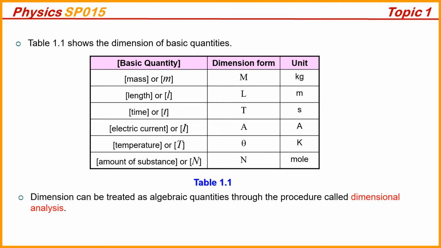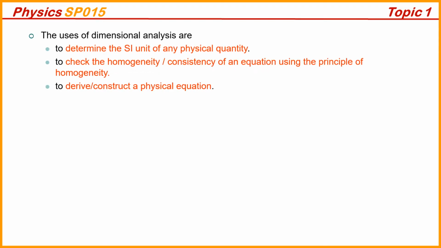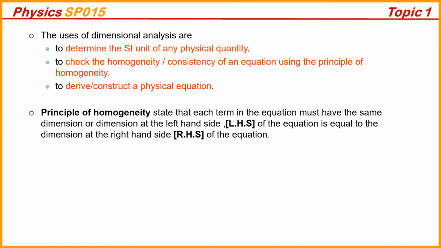The dimension can be treated as algebraic quantities through the procedure called dimensional analysis. The uses of dimensional analysis are to determine the SI unit of any physical quantity, to check the homogeneity or consistency of an equation using the principle of homogeneity, and to derive or construct a physical equation.